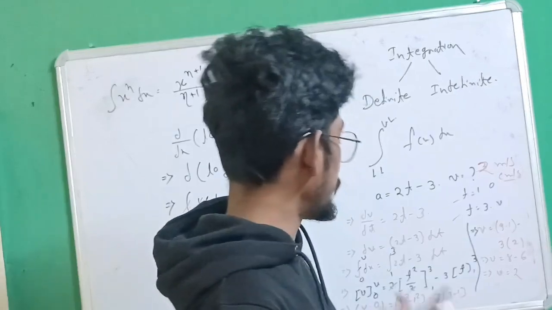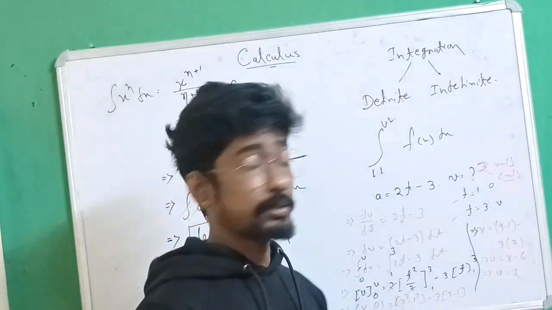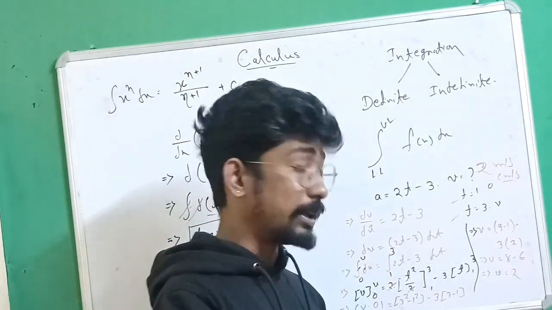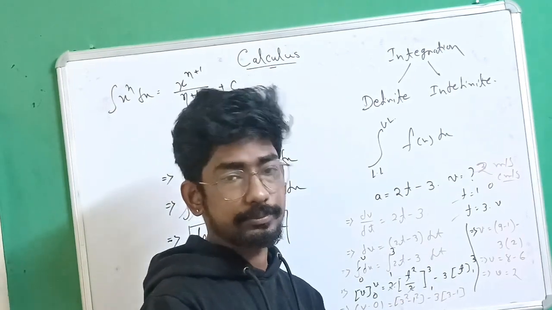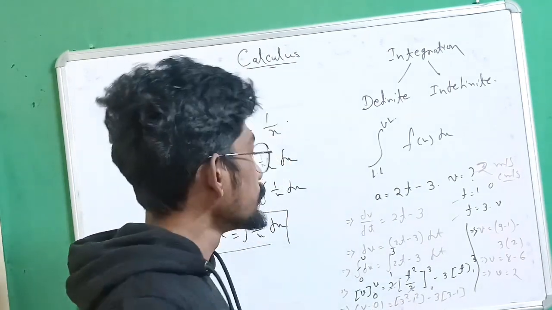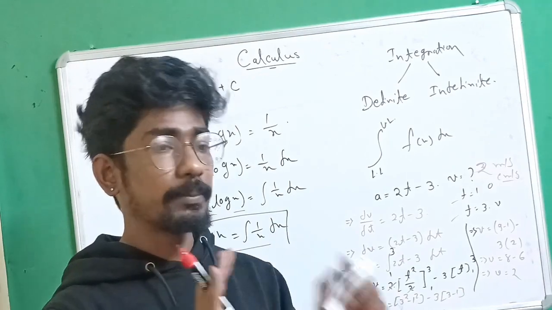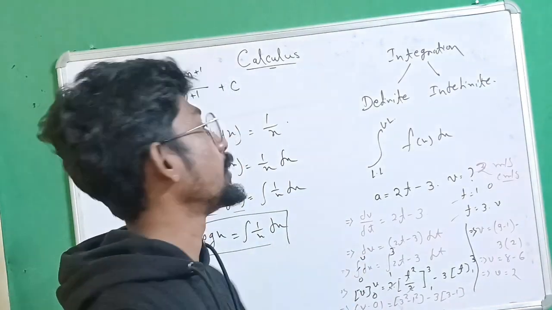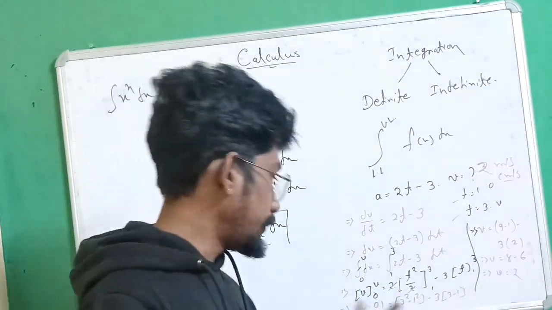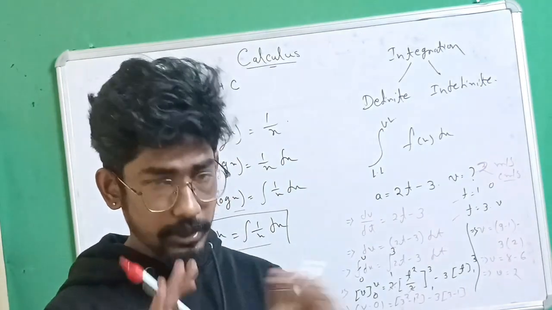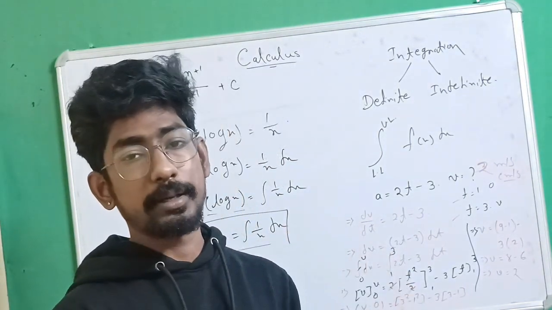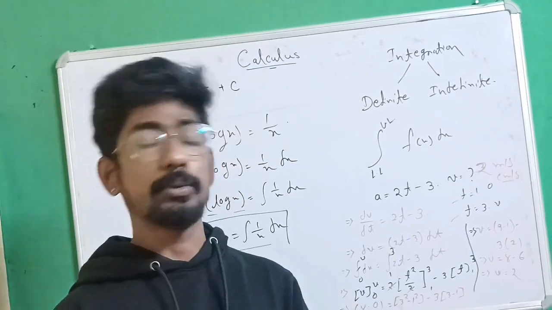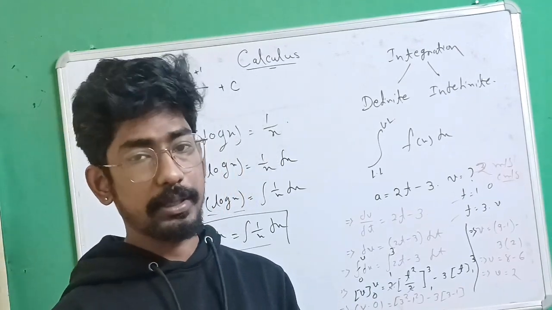This is how you can calculate the velocity from the acceleration equation, and how you can apply the definite integration rule in physics and chemistry. Always remember upper limit minus lower limit for definite integration. If you have any confusion regarding any kind of basic mathematics class, you can always ask.